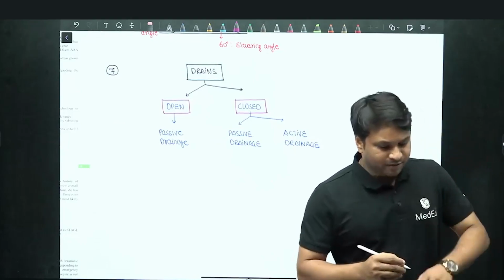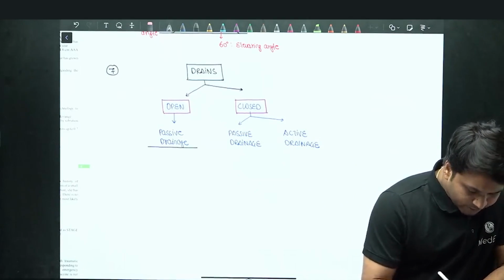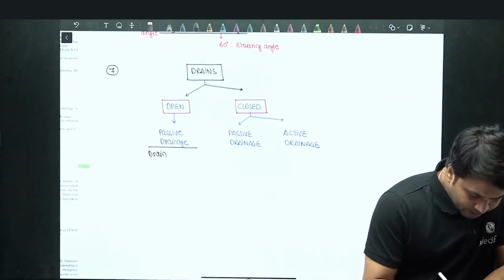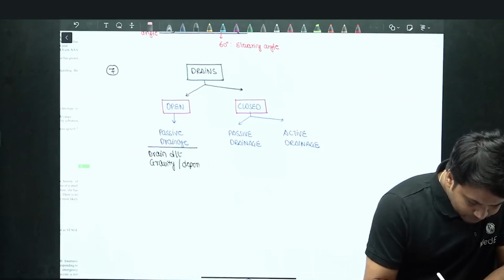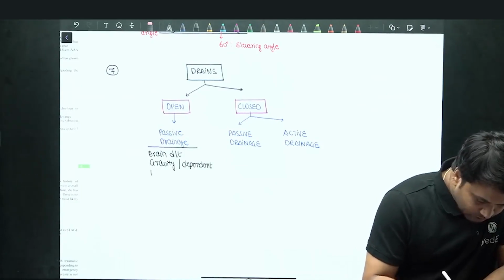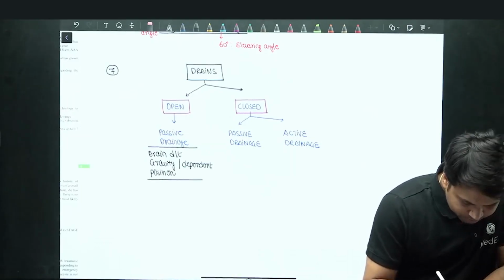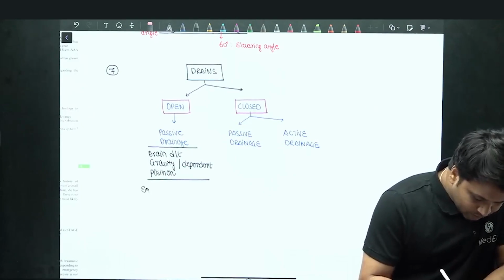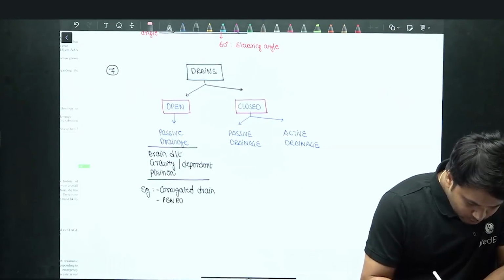Passive drains drain due to gravity, or because of the dependent position. The best examples of this are the corrugated drains and your Penrose drain.